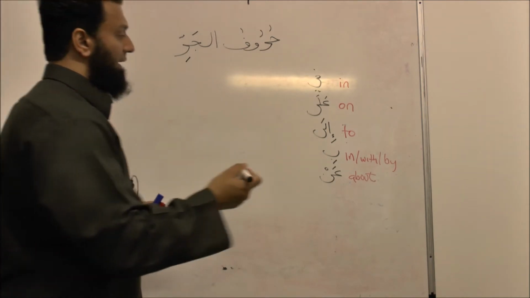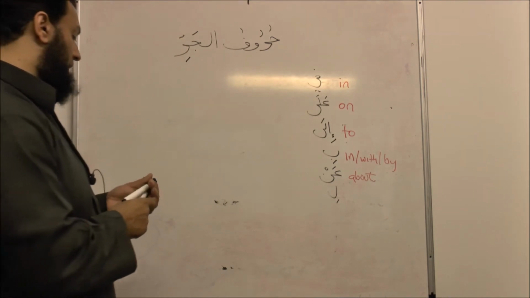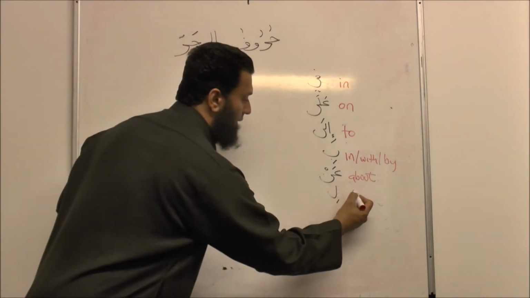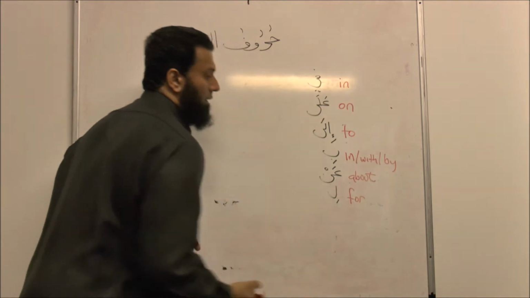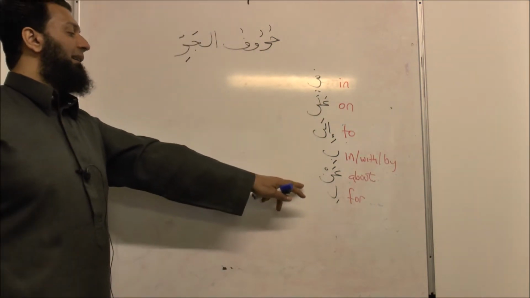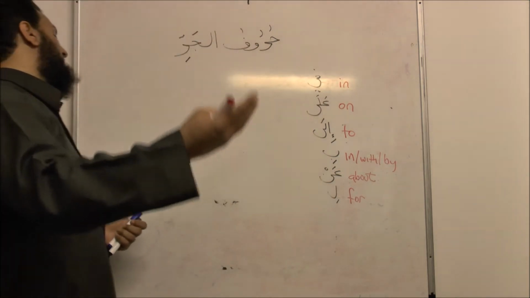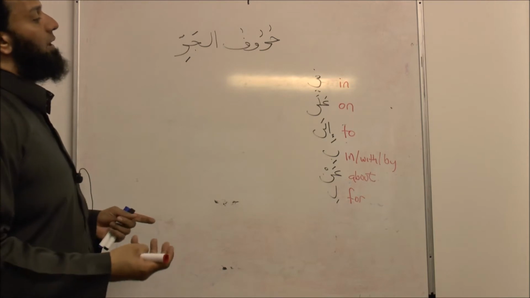The next most common one is li, meaning for. So we have fi, ala, ila, bi, an, and li. There are others, but we'll do them in a later class, inshallah ta'ala.